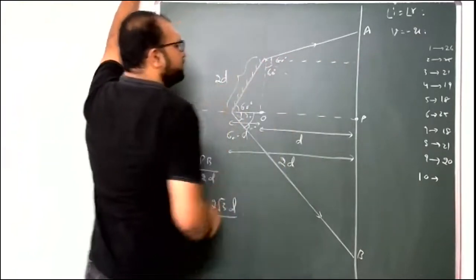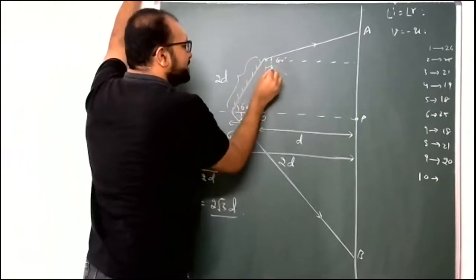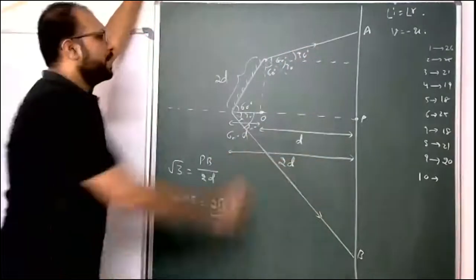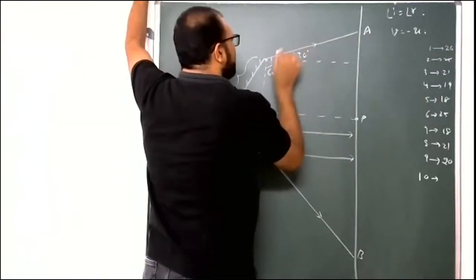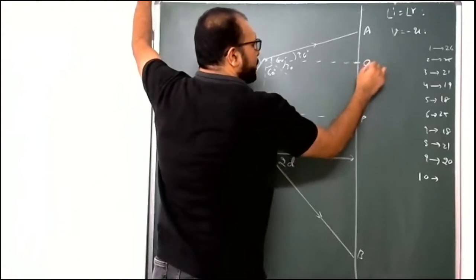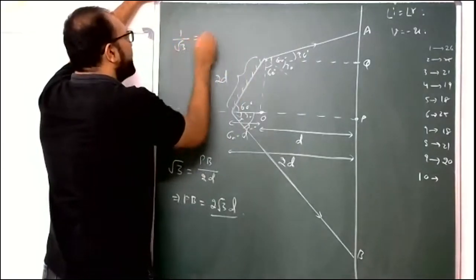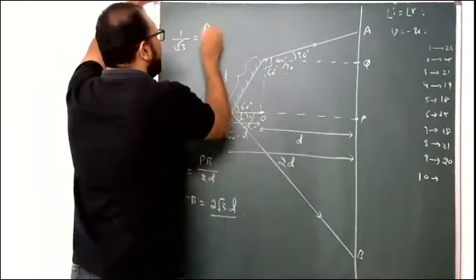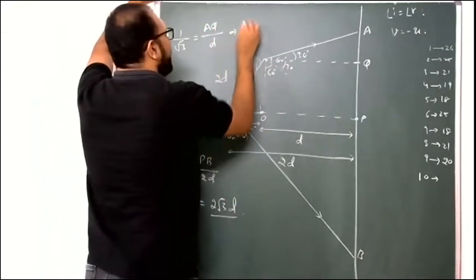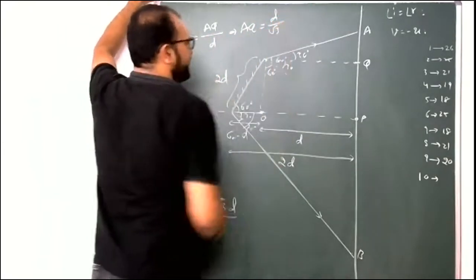So students, now this is total 60, 30, 60, again 30, again 30. Now here I am taking one point, suppose this is Q. Tan 30 is 1 by √3, AQ divided by D. AQ equals D by √3.